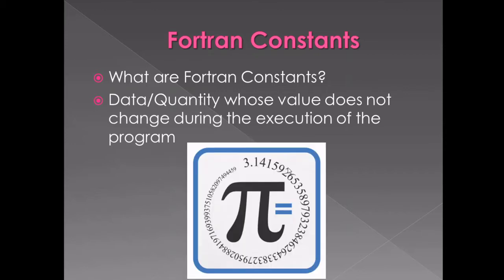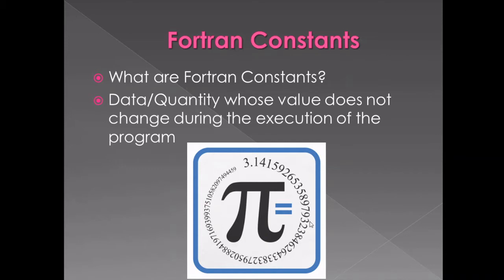A very good example of a constant can be pi, the value of pi. It's a universal constant, we know the value of pi. So if we have to perform a mathematical calculation using a program where we need to use the value of pi, we will define the value of pi right at the beginning of the program, and this value will remain the same during the execution of the program.